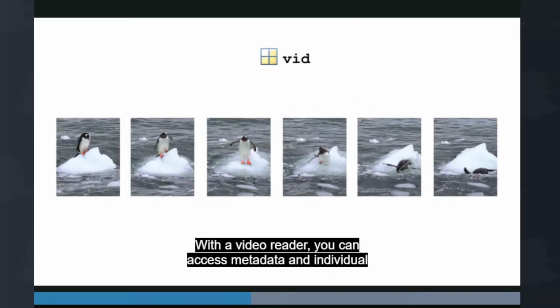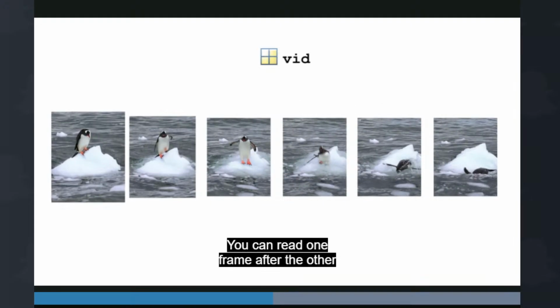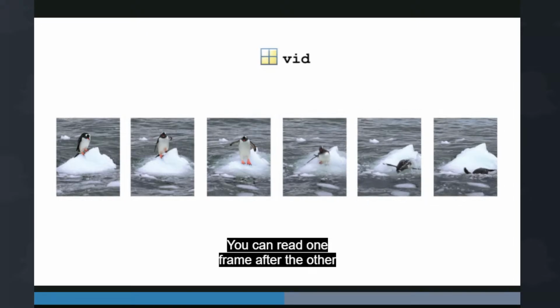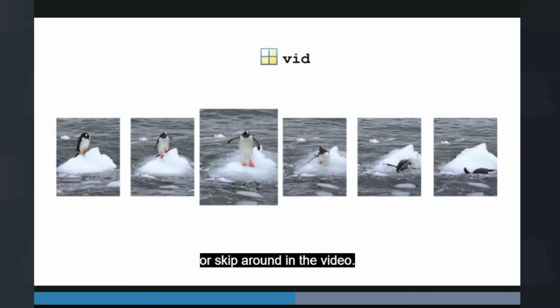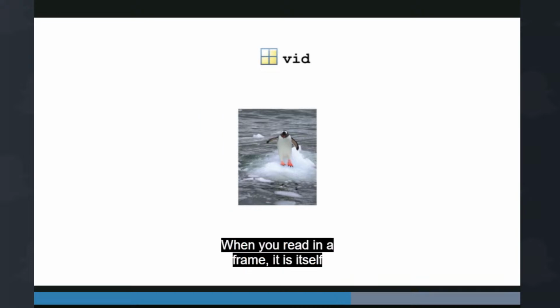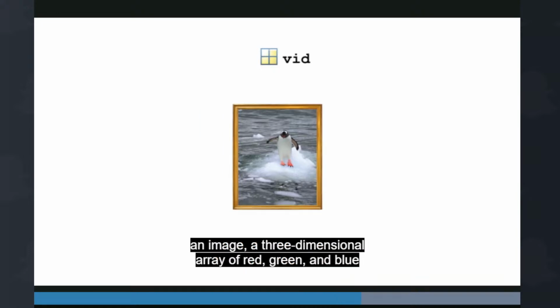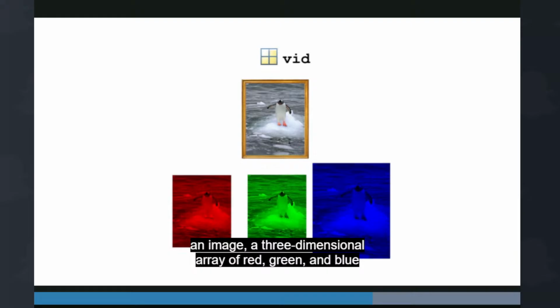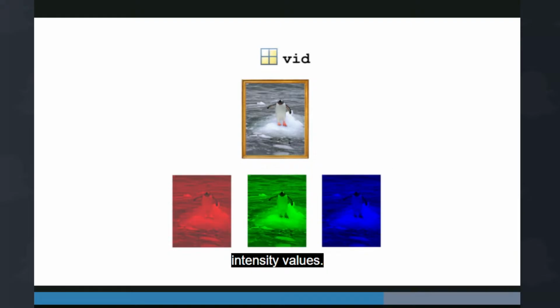With a video reader, you can access metadata and individual frames. You can read one frame after the other, or skip around in the video. The video reader will keep track of where you are in the video, which frame and what the current time is. When you read in a frame, it is itself an image, a three-dimensional array of red, green, and blue intensity values.